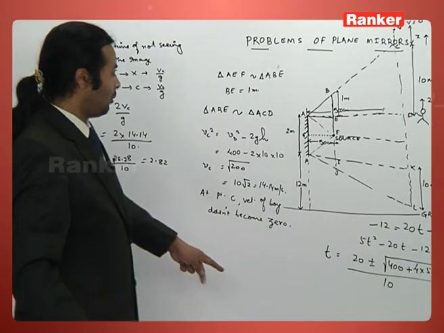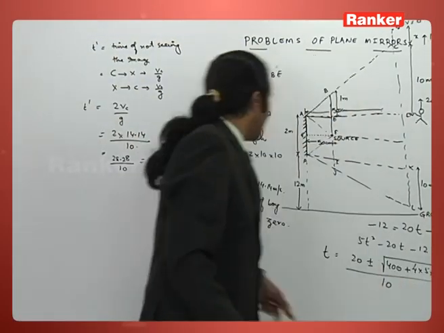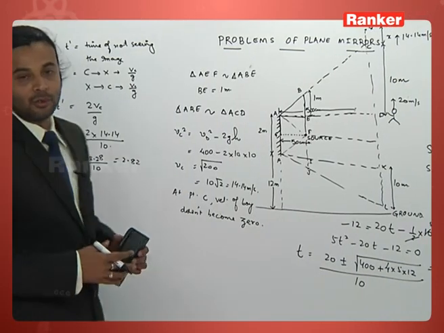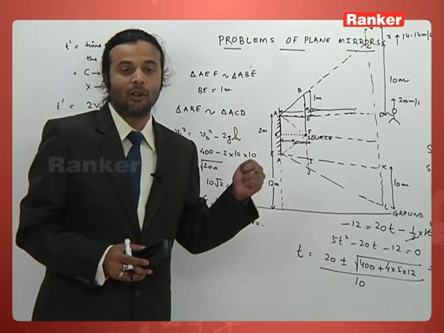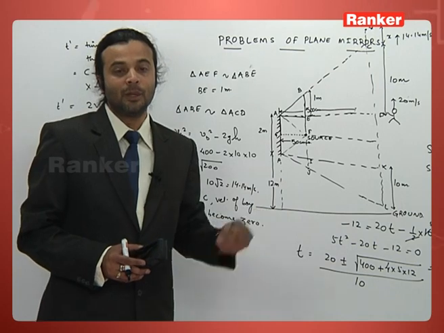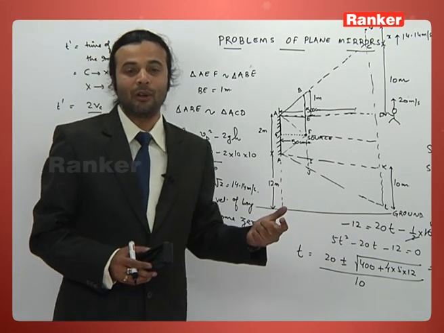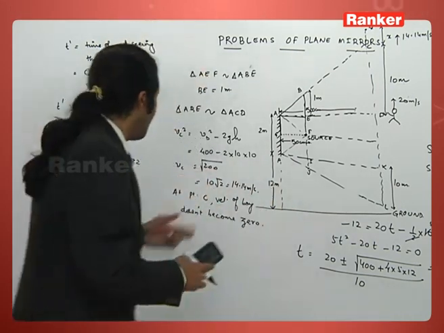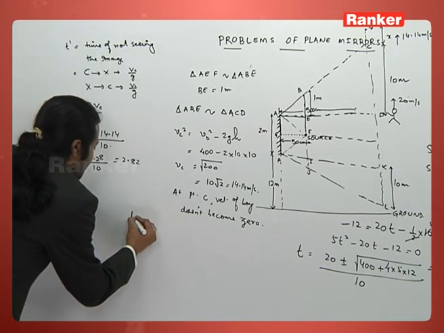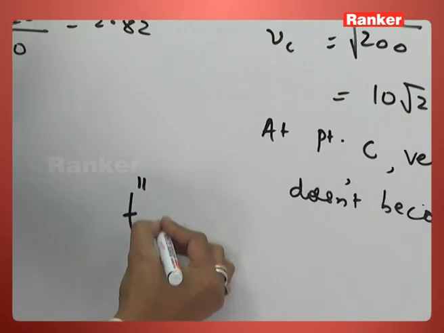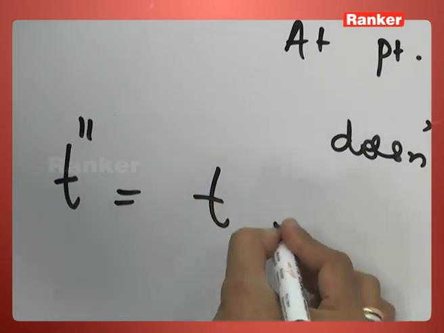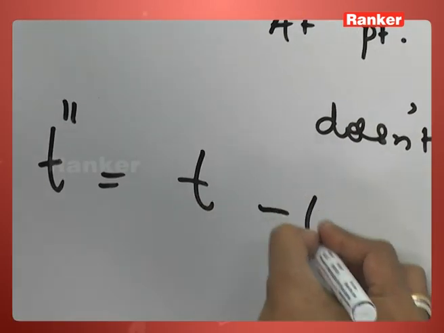So here we calculate the total time T, and according to the question, the time duration for which he will see the image of the source placed symmetrically before the plane mirror during free fall, let it be T double dash, will be nothing but the total time T calculated over here minus T dash.